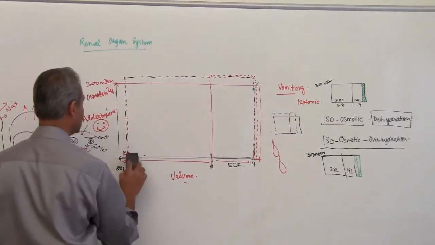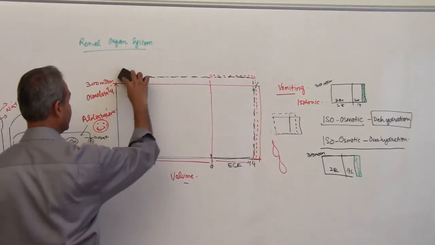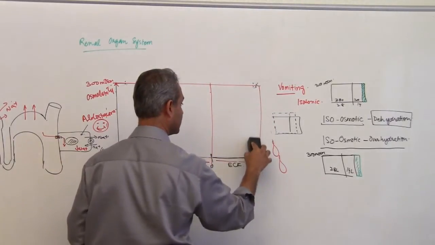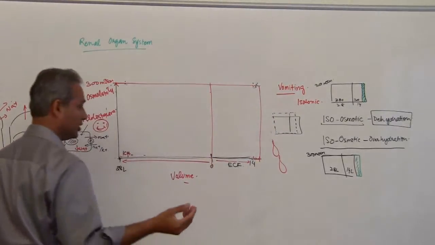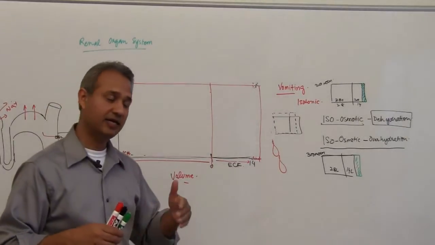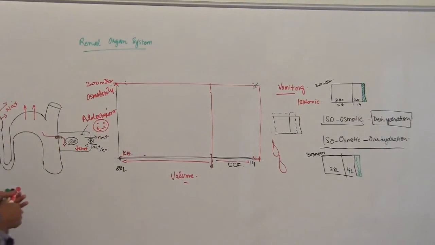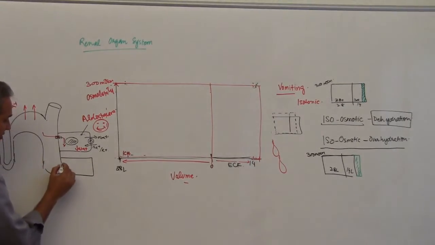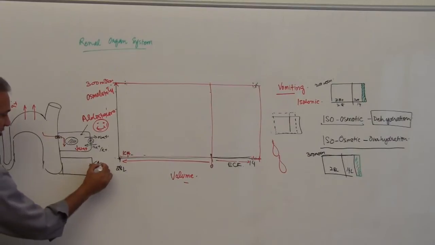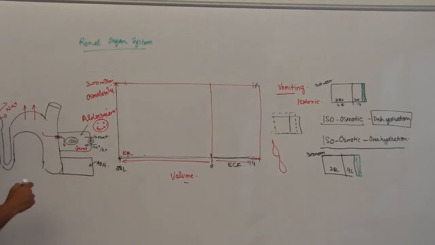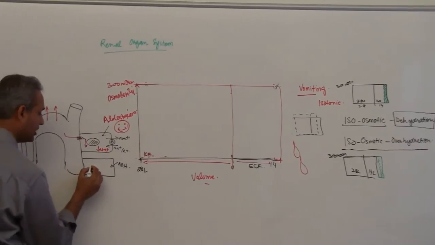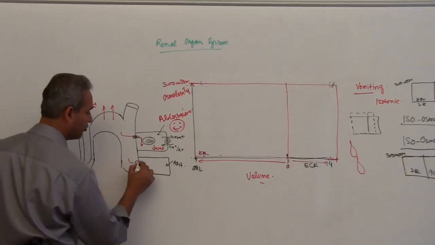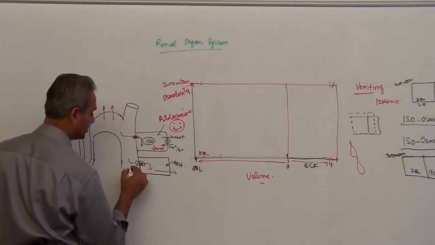Okay, so let's talk about antidiuretic hormone, ADH. As the name says, the function of ADH is to act on the collecting tubule cells, and when ADH comes and acts here, it causes the manufacturing of aquaporins, which are protein channels which allow the water to move into the cell.